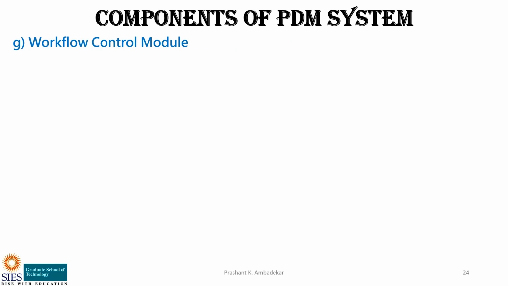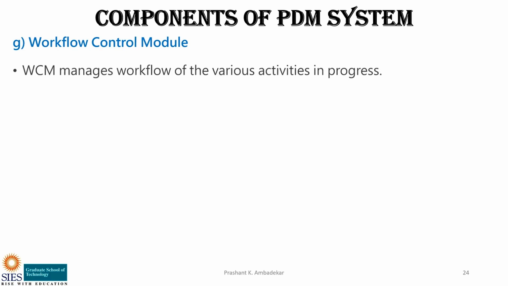The next component of PDM system is the workflow control module. The workflow control module acts as an inspector. Now, for a particular task, the product structure and the product workflow structure will have been defined by the product and the workflow definition structure module, the earlier module.